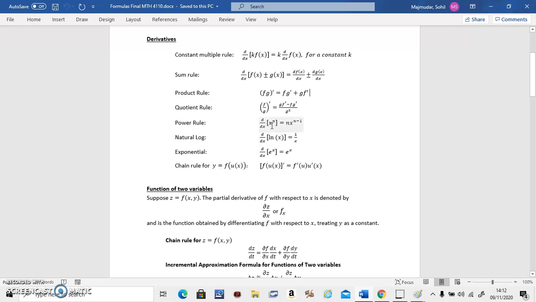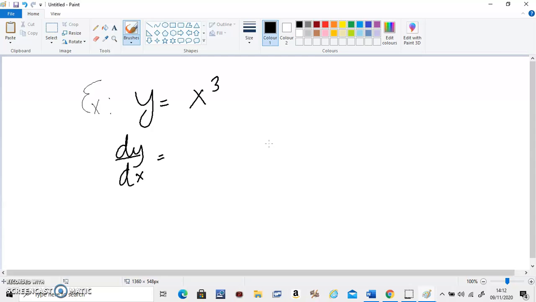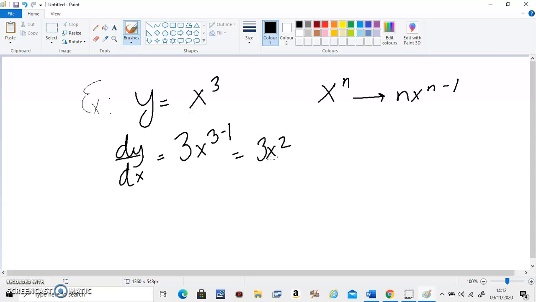This is of the form x to the n, so we use the power rule, and it should become n x to the power n minus 1. N is 3 here, so it becomes 3x to the power 3 minus 1, which is 3x squared. So the differentiation of x cubed is 3x squared.